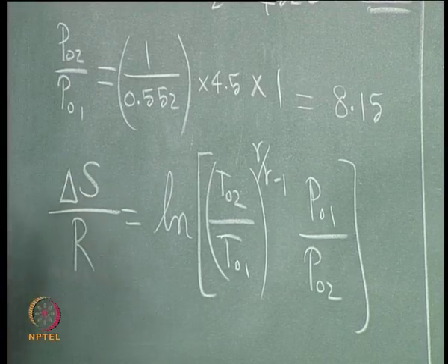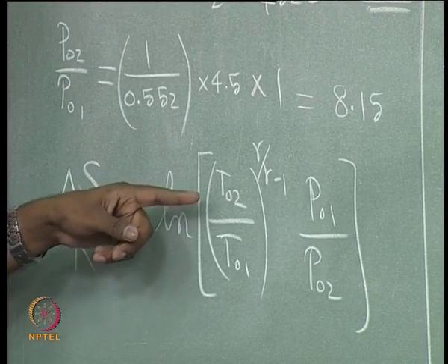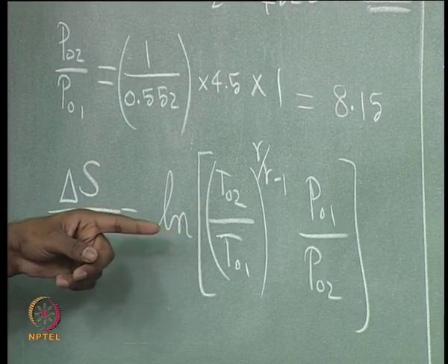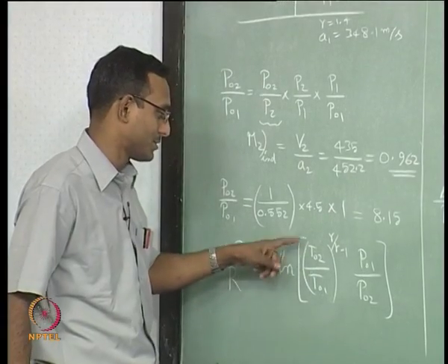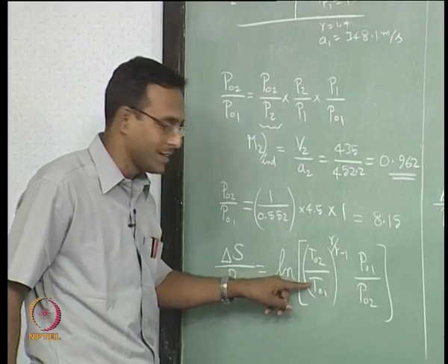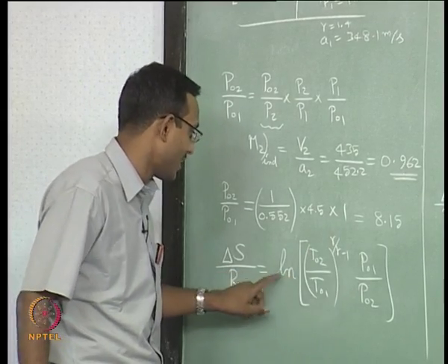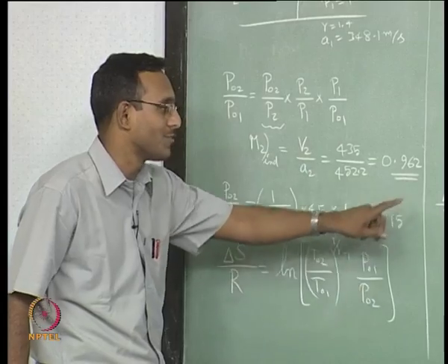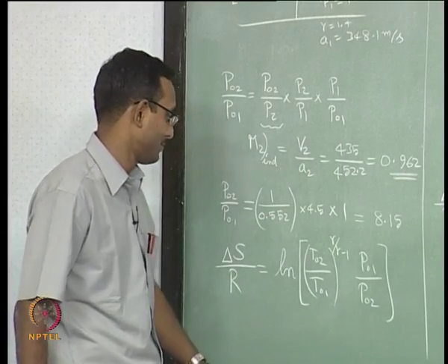We had a formula like this when we were doing fixed coordinate normal shock. When we did that shock fixed normal shock, we said that T02 equal to T01 there, and we made this 1, and so we had log of P01 by P02, which is the formula we used for shock fixed coordinates.